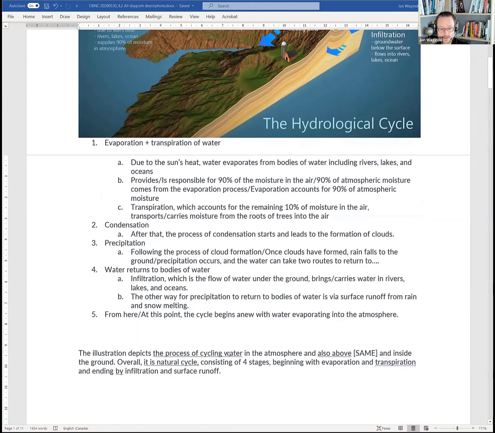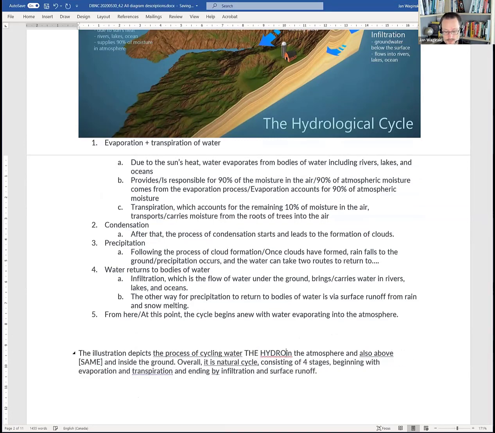Let's do depicts the hydrological cycle in the atmosphere, and also above and inside the ground. Well, the hydrological cycle is above and inside the ground, so this word also is problematic.